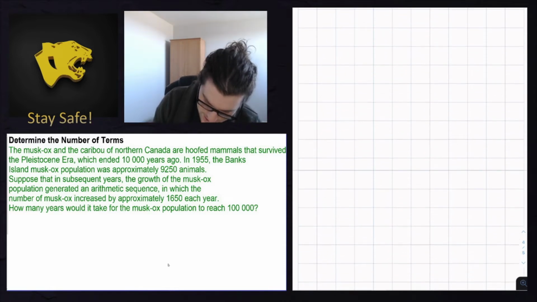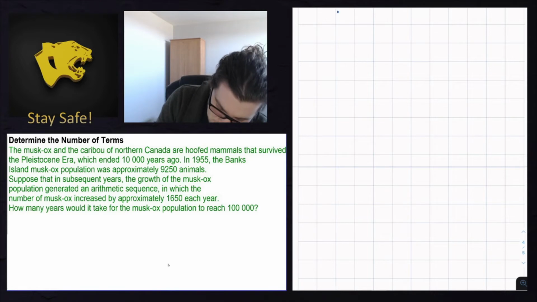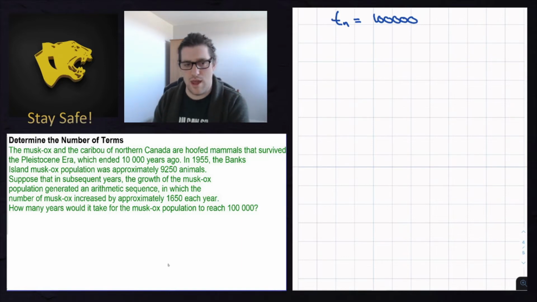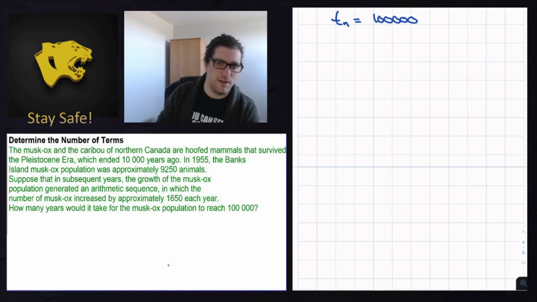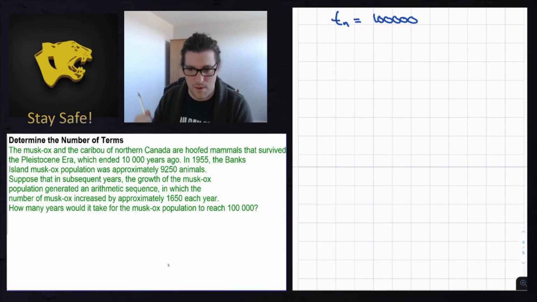All right, so this is kind of a backwards question. So we know that our Tn that we eventually want to have is, now this might not be true that it is actually, well, it does say reach 100,000. It gets a little bit dicey if it's not exactly 100,000, but we'll be able to fix it by looking at the non-whole number n that we would end up getting.